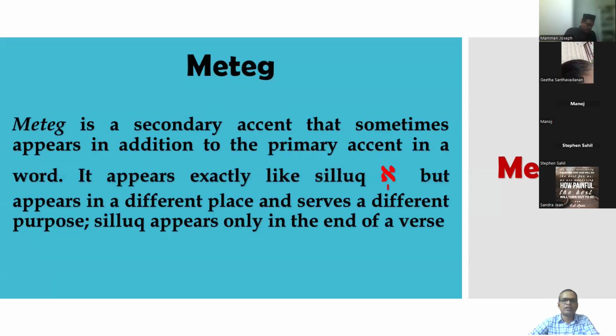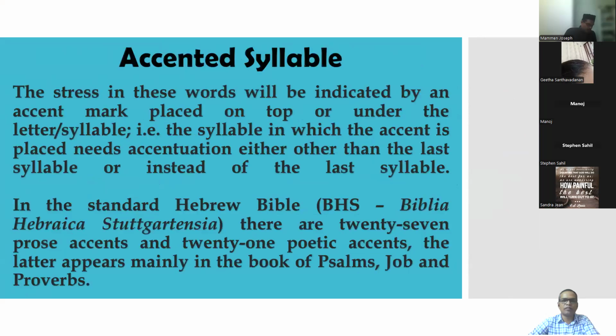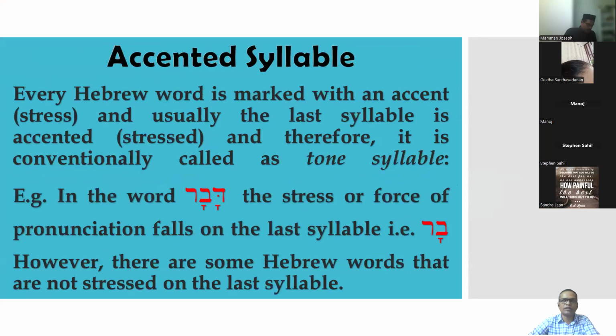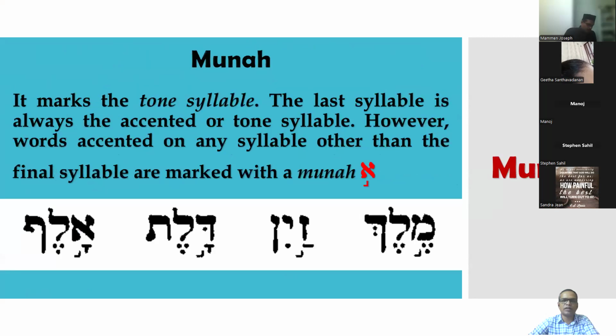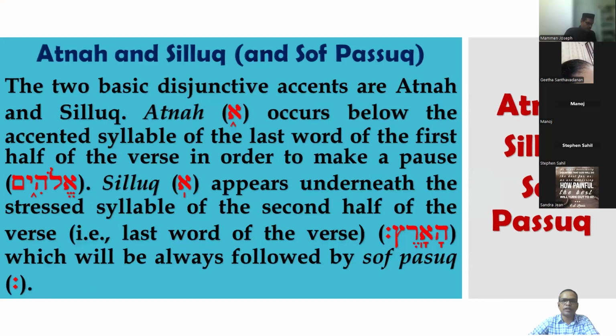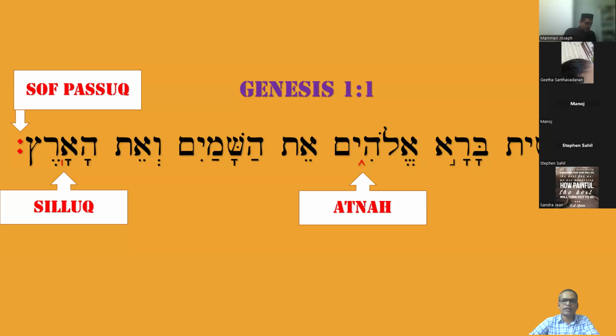All right. So just a recap. Accents: always the last syllable is the accented syllable. Munach, when munach is placed 2 or 3 syllables before the accented syllable, it has to be understood that the stress has been shifted from the last syllable to the syllable where munach is placed. Disjunctive accents: atnach, silluk, sof pasuk.